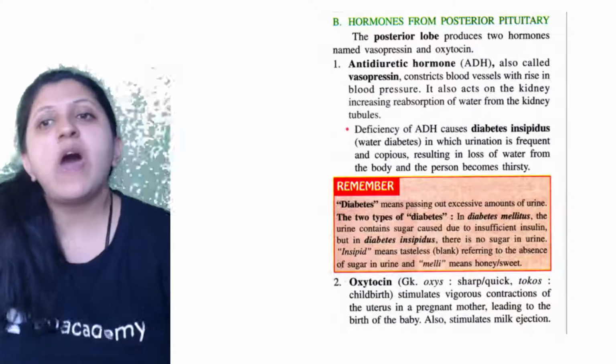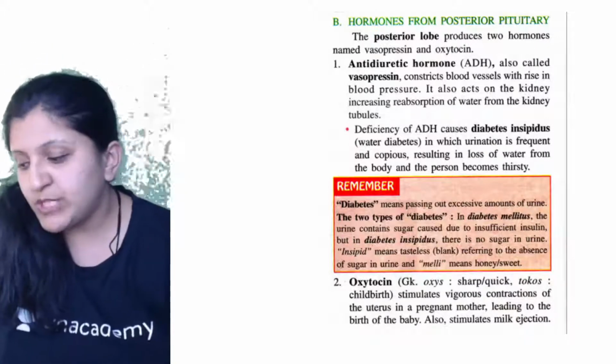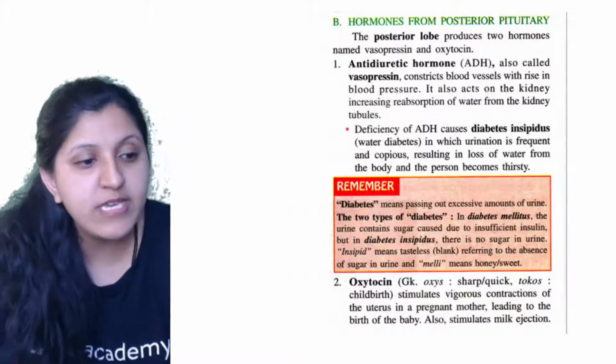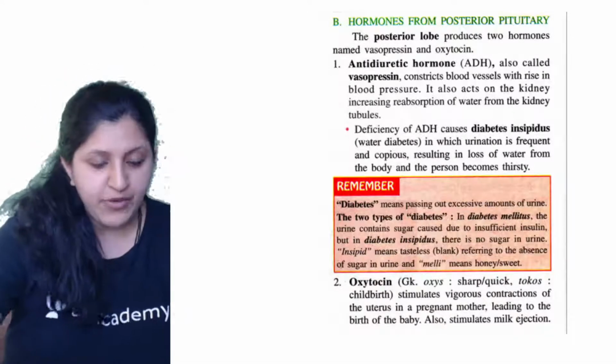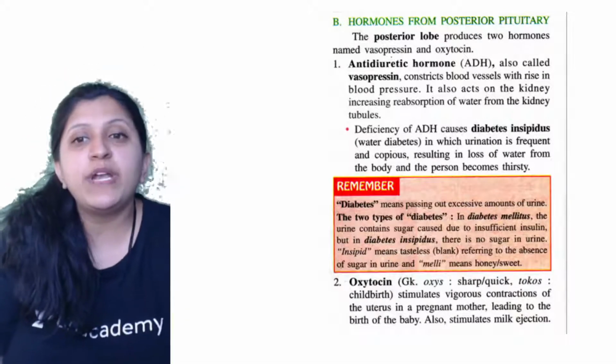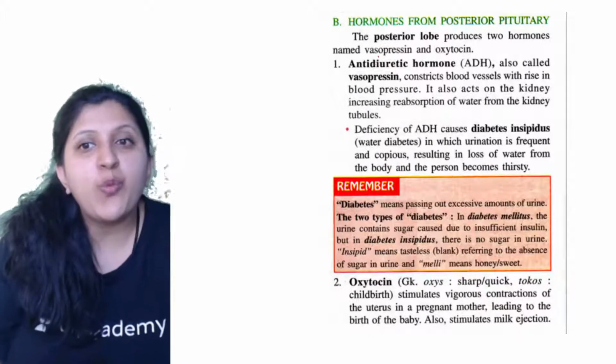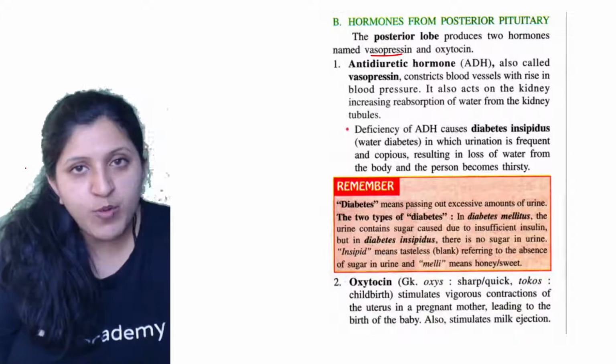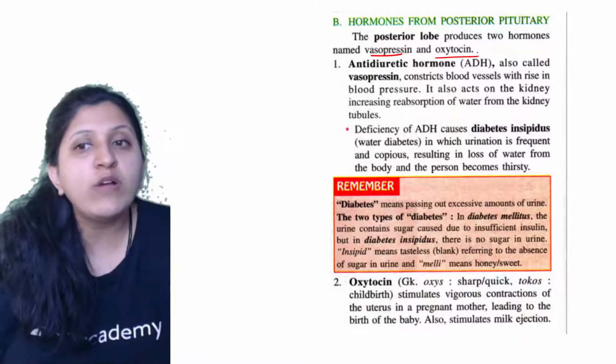Okay, so hormones from the posterior pituitary. This is the posterior lobe which we can find. The posterior lobe produces two hormones: vasopressin and oxytocin.